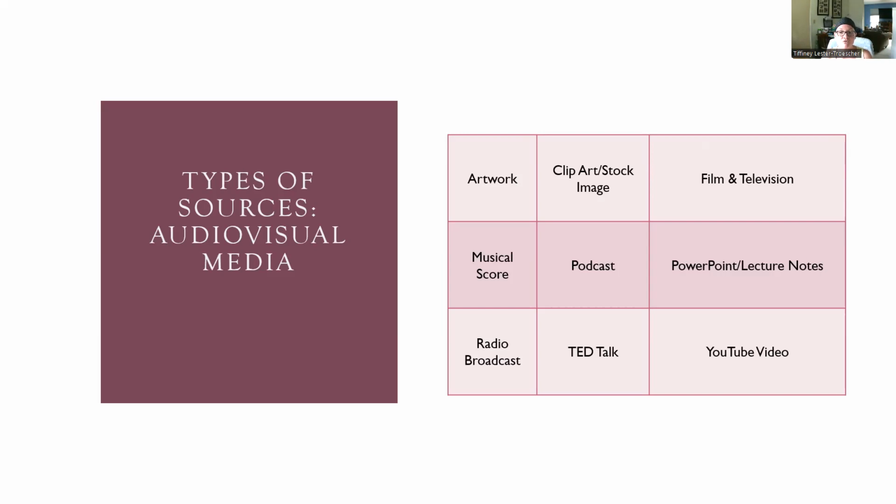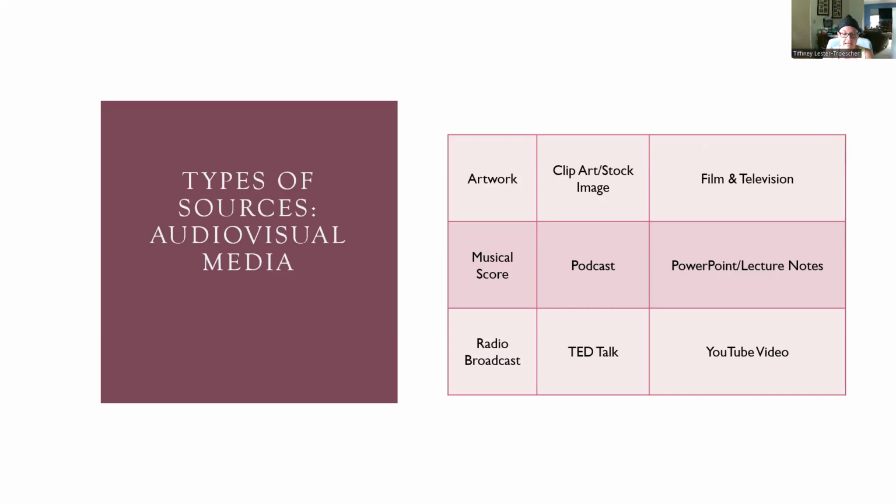So if you know that a YouTube video is classified as audiovisual media, you can go to the section on audiovisual media and find the format for a YouTube video reference entry a little faster instead of looking through everything until you find it, right?